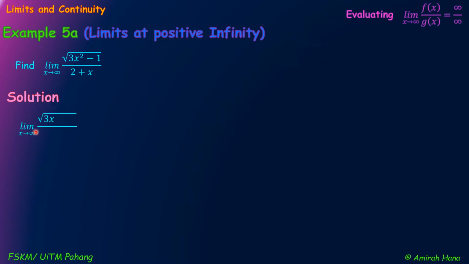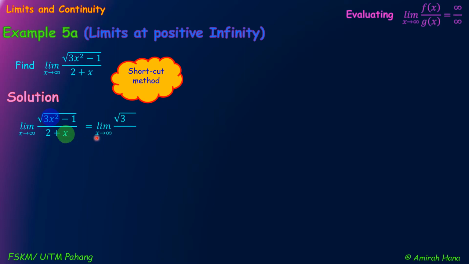Since we are given a limit at infinity, we can solve this limit using the shortcut method. When we use the shortcut method, we just choose the term containing the highest power of x in the numerator and the term containing the highest power of x in the denominator. So we can write the limit as x approaches infinity of radical 3x squared over x.